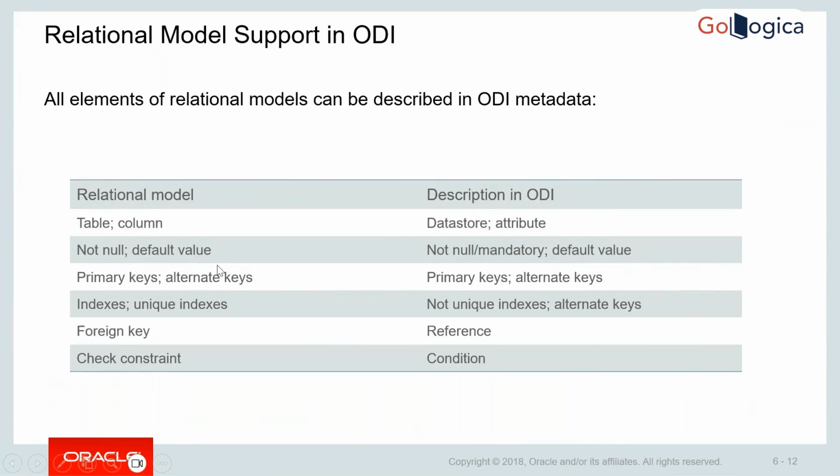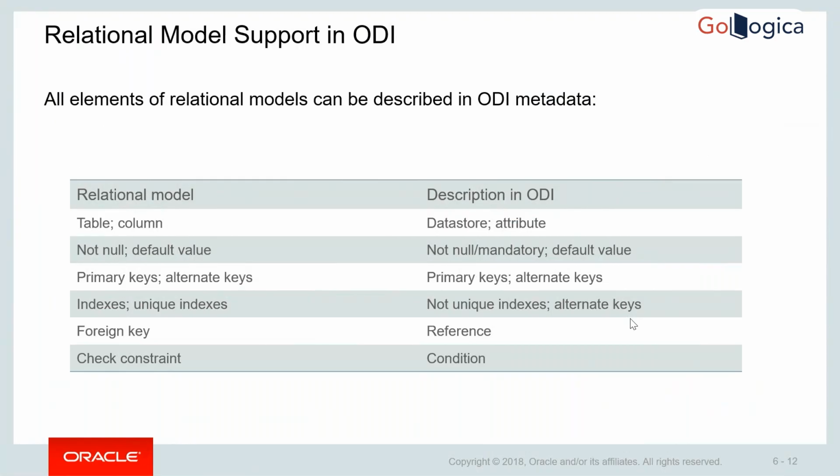The columns we call attributes. The not null constraint we call here a mandatory column.